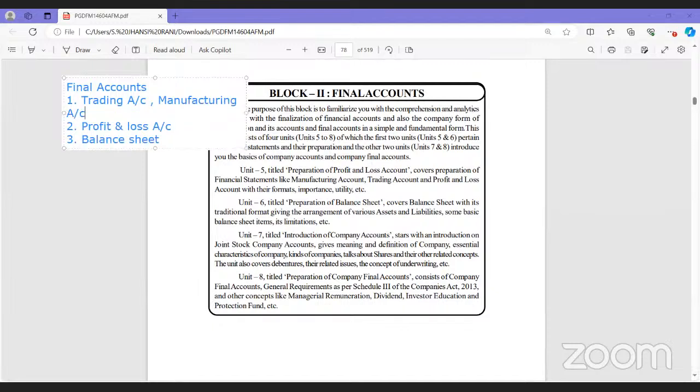If the organization is a manufacturing concern, they also prepare the manufacturing account. But if the organization is not involved in manufacturing any products, they prepare only trading account, profit and loss account, and balance sheet. So first we discuss trading account and profit and loss account. Then we move to the next unit, that is balance sheet.